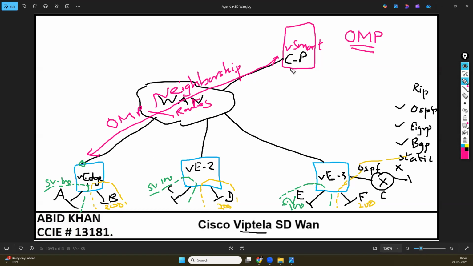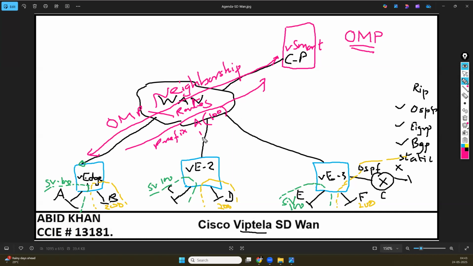WAN edge 1 is now going to send this route. How will it send it? It will say, yes, I have this prefix A, or this network, and it will also inform that it is in service VPN 100.